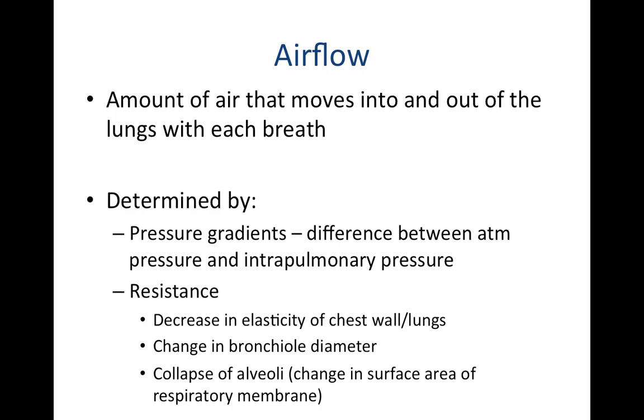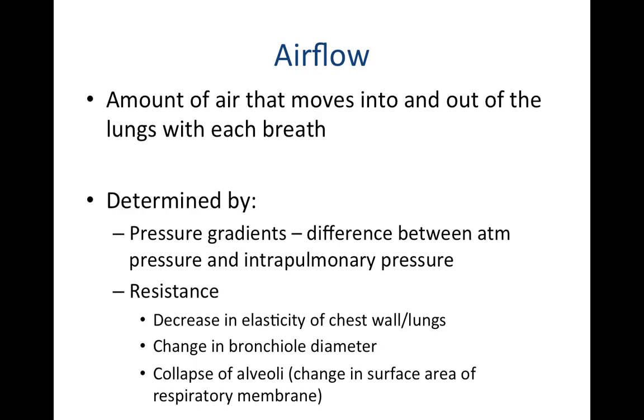If you have collapse of alveoli, you are decreasing how much surface area is available in the respiratory membrane, and that increases resistance. And you can have the same kind of thing happen if you have damage to your alveoli. That can affect resistance as well. So just like with the blood vessels, flow is determined by changes in pressure and resistance.